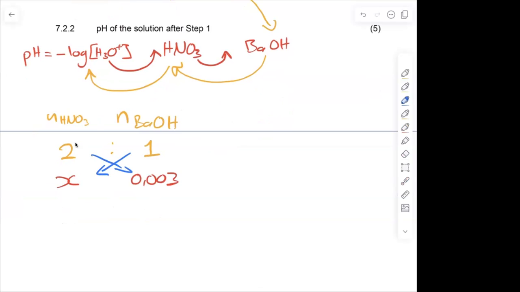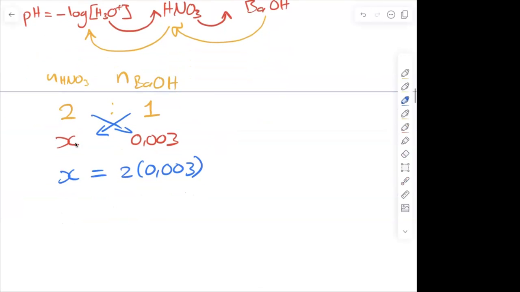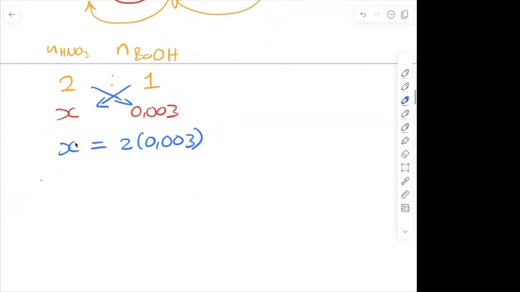So X in this case is 2 times 0.003. And what does that give us? That gives us the number of moles of HNO3, remember, these are the moles in excess, as 0.006 moles. Right? Okay, that's now our first step.